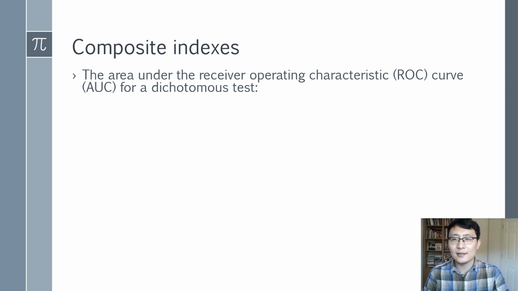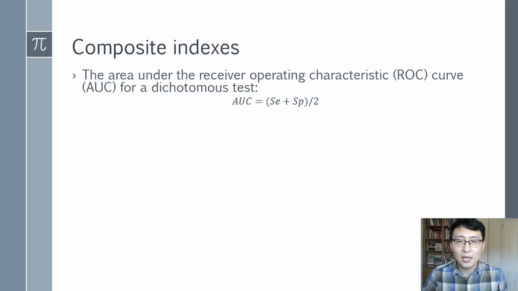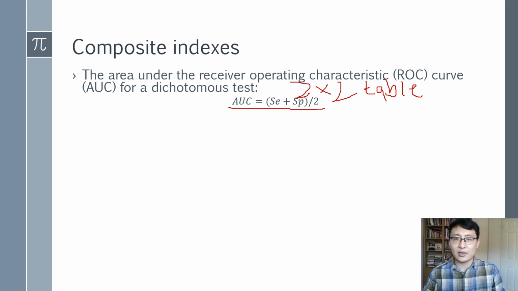The thing is that the AUC for the Tokner's test turns out to be the average of sensitivity and specificity. Okay, so this equation is only applicable to a 2x2 table. Let me emphasize that. It's not applicable to a continuous variable classifier.